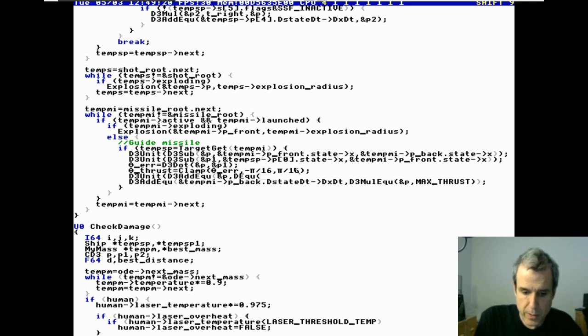What's the easiest way to do this? We don't want to do this. We want to do a rotation.